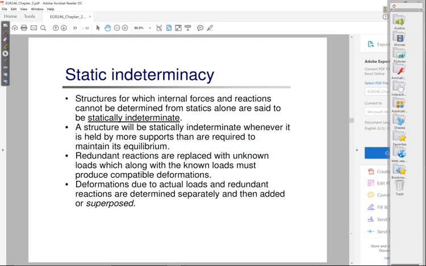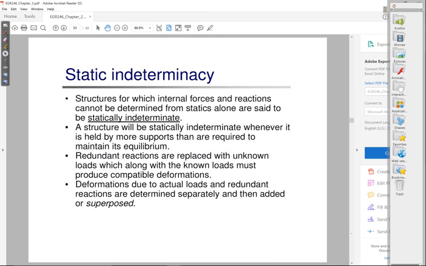The reason is we can come up with one more equation in addition to our equations of equilibrium. That equation has to do with deflections, or deformations, delta. And this is the first type of statically indeterminate problem that you're going to encounter in mechanics of materials.